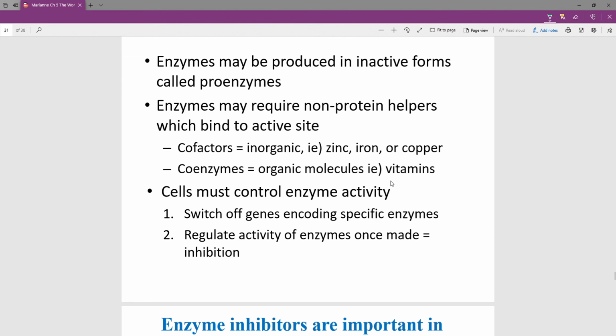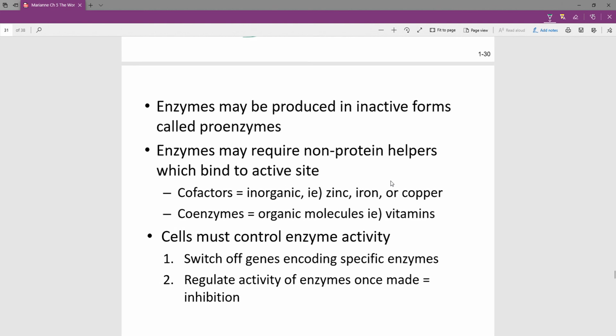Enzymes can be produced in inactive forms called proenzymes. Some enzymes may require non-protein helpers, so cofactors such as these metals or minerals here. Coenzymes such as vitamins. And so it's not always just the enzyme, but it can be these other helpers, if you will.